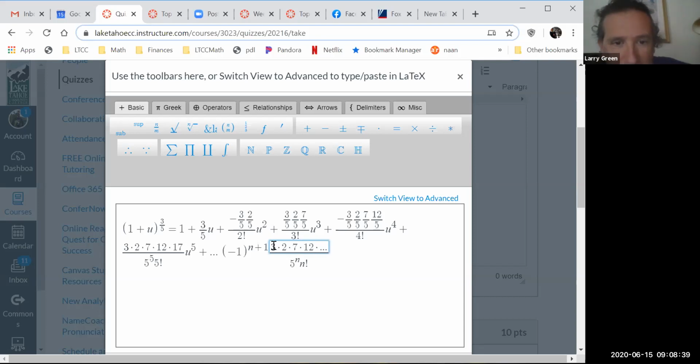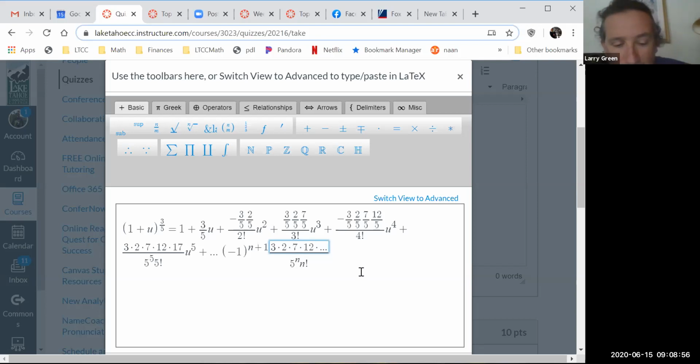times dot, dot, dot. And now the idea here is the 17 is what we did, we took this 5 and we multiplied it by 3 and added 2.